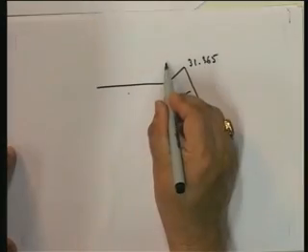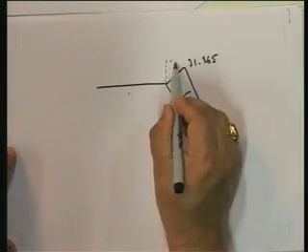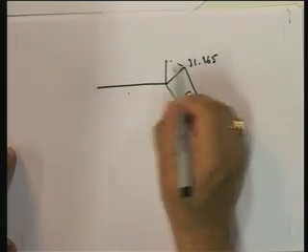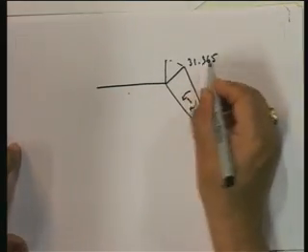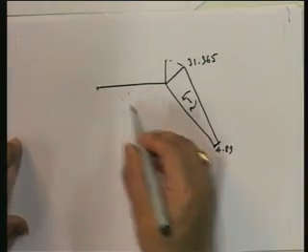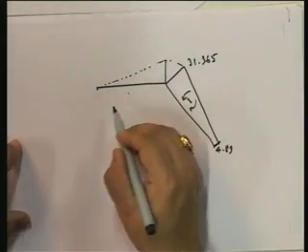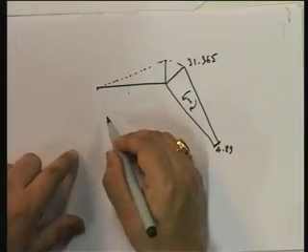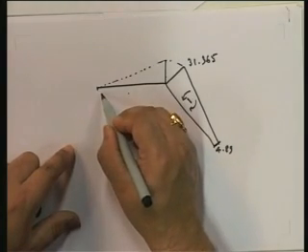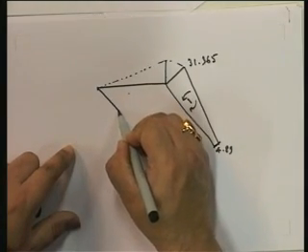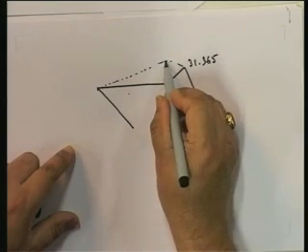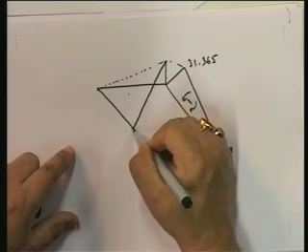And then if we go here, this is also 31.365, and here we have 0. So we have this, and then I superpose on that the 100. So this I get this way and this way.